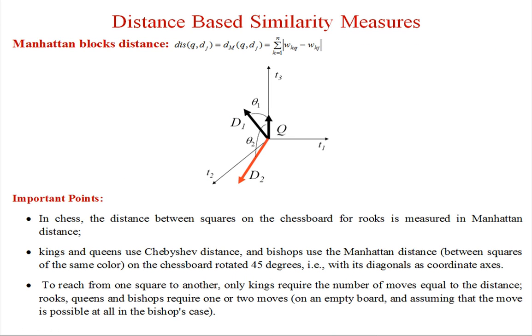Manhattan block distance. Here the distance between query Q and document DJ can be calculated as the summation from k is equal to 1 to n.